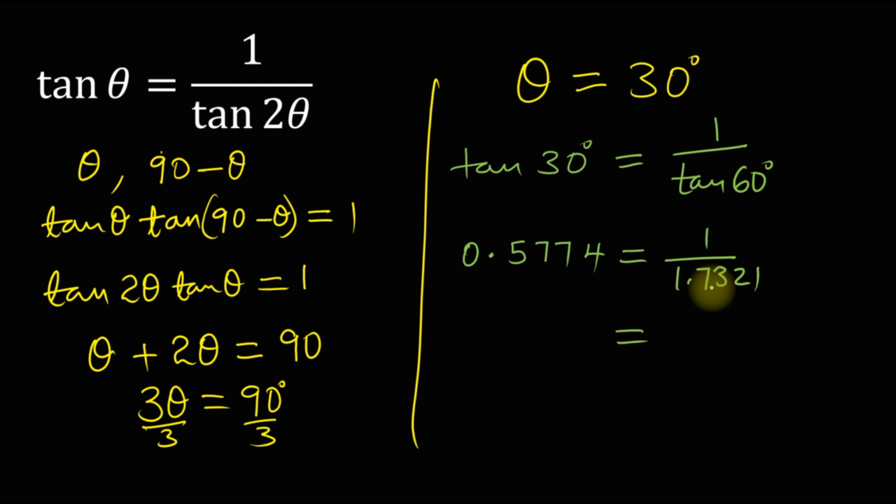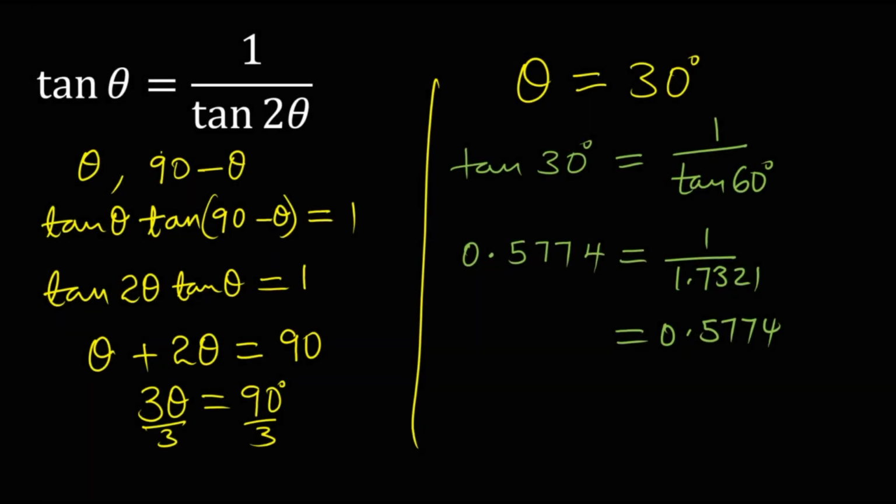We shall have 0.577, which is actually approximately the same. So that's how we actually solve for the unknown in that case.